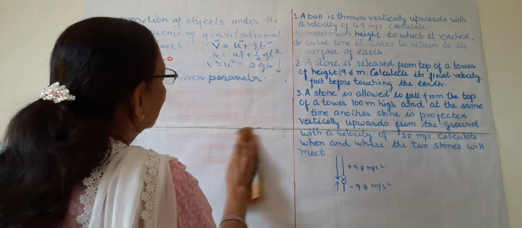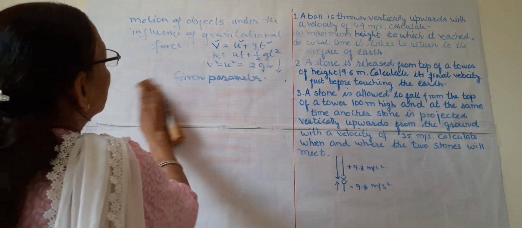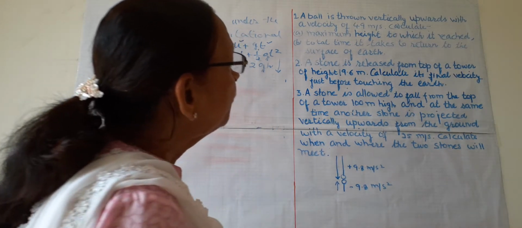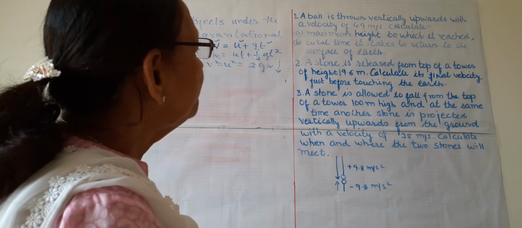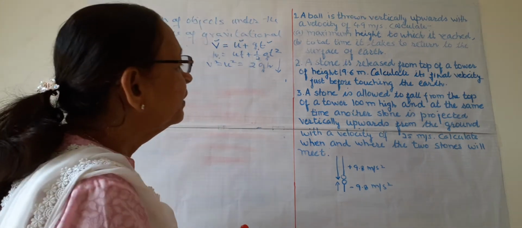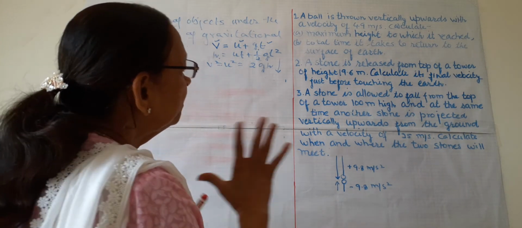The third numerical is, you read it out. A stone is allowed to fall from the top of a tower 100 meter high. At the same time, another stone is projected vertically upward from the ground with a velocity of 25 meter per second.